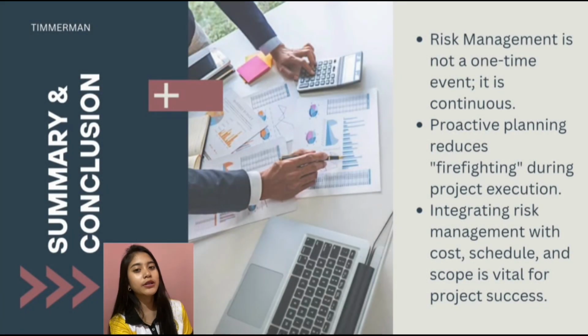Summary and conclusion. To summarize, risk management is not a one-time activity that only happens at the beginning of the project. It is a continuous process that takes place throughout the entire project life cycle. So the project team must constantly identify, analyze, respond to, and monitor risks to ensure that the project stays on track.